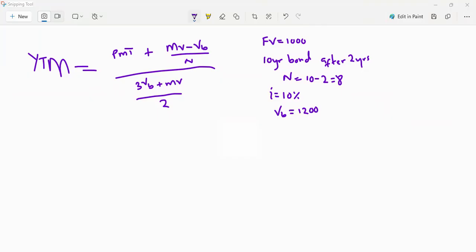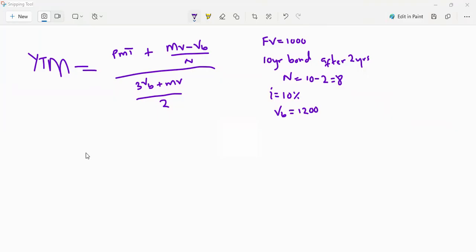Yield to maturity is actually the total return that an investor can expect to earn if a bond is held until it matures. So we're assuming all interest payments are reinvested. So in simple terms, if you buy a bond today and keep it until it matures, what will be your average annual return? So that is the yield to maturity. So it's actually your discount rate.